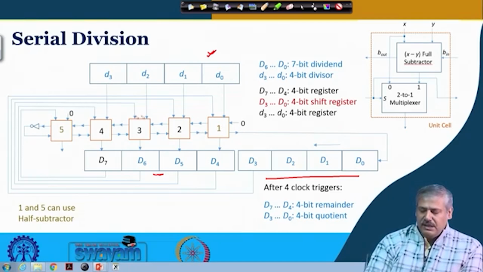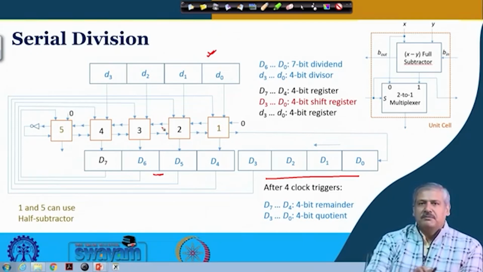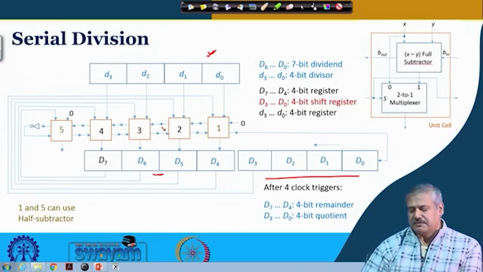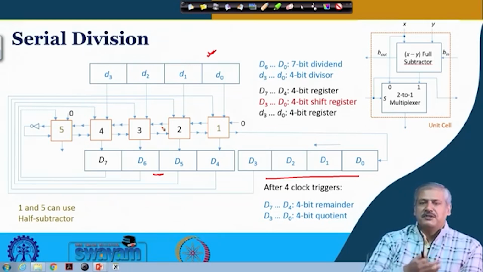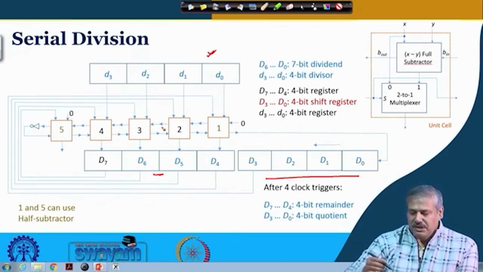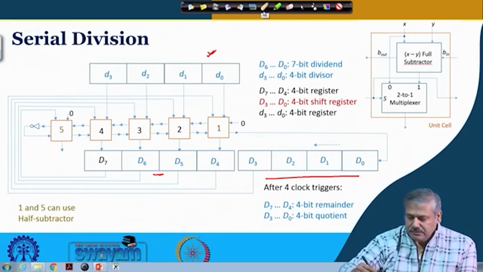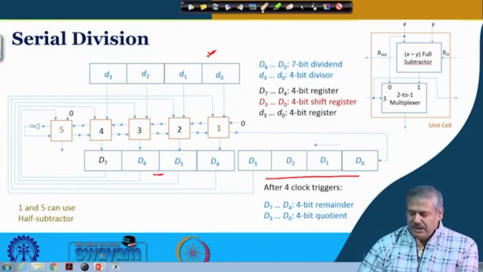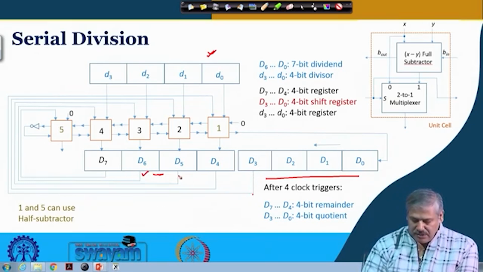Right? And these are the unit cell, one bank of it is only required because it is sequentially used, right. So, how it works, how it implements the one that we had seen, the combinatorial circuit based circuit. So, here in this particular case, in the beginning D6, D5, D4, D3, you see this is the output, this is taken from here, right, and D7 is also there.